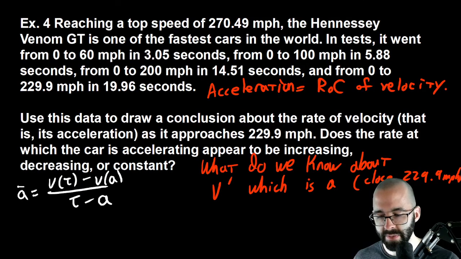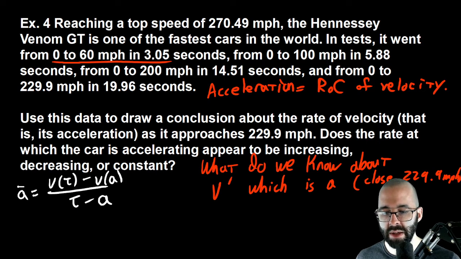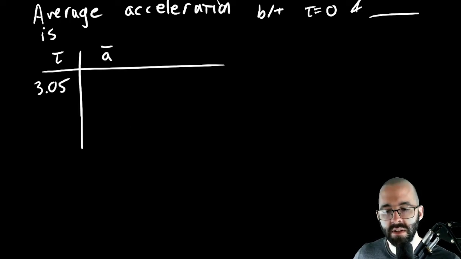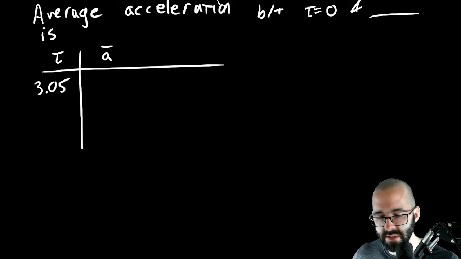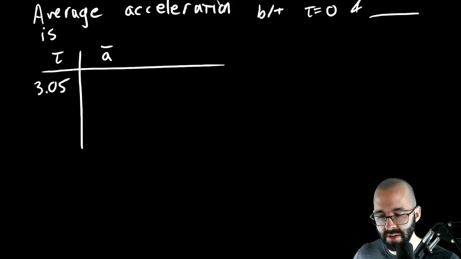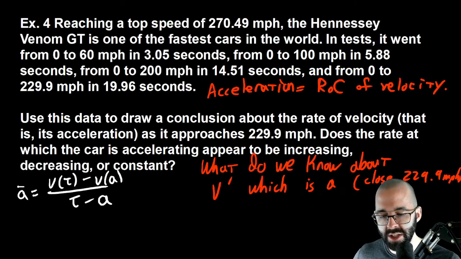So let's look at this first one. It's going from 0 to 60 miles an hour in 3.05 seconds. So after 3.05 seconds, what's our average acceleration? Well, it's going to be the change in velocity over the change in time. What's the change in velocity? 60 miles an hour. What's the change in time? 3.05 seconds.